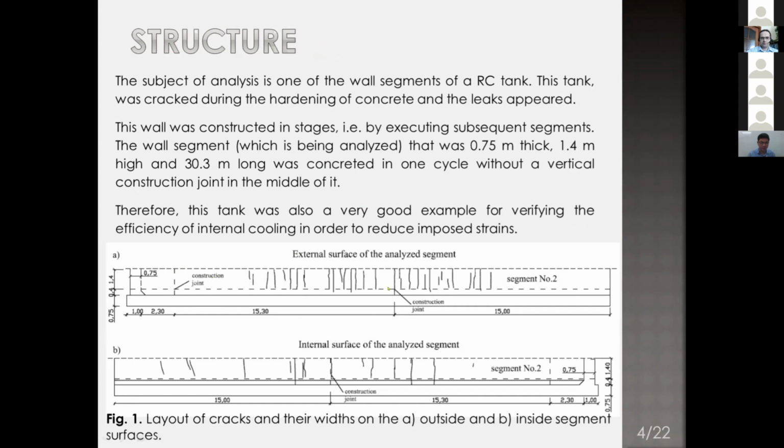It was constructed without a construction joint, unfortunately, and we see cracks at the external and internal surface of this wall. The crack widths were about 0.2 millimeter, so there were very big problems with water tightness. The length of the wall segment was about 30 meters, the thickness 0.75 meter, and the height 1.4 meters.